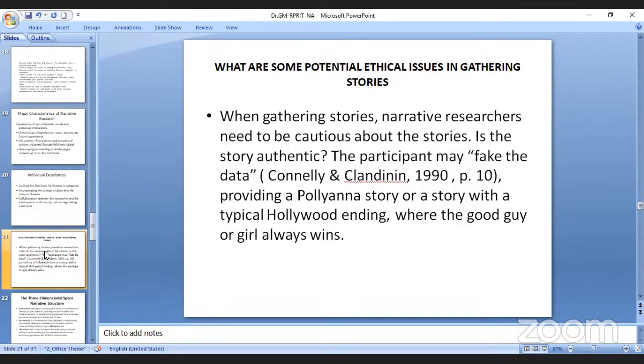Sometimes they will fake the data, providing a Pollyanna story or a story with a typical Hollywood ending, where the good guy or girl always wins. So you may come across many movies. Okay, the good guy always wins in the story.